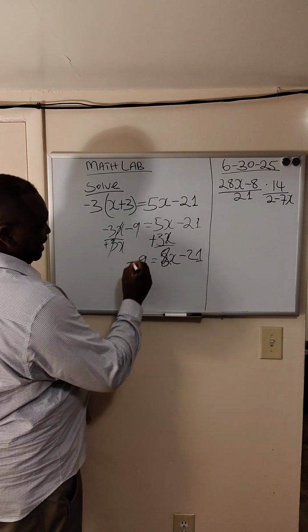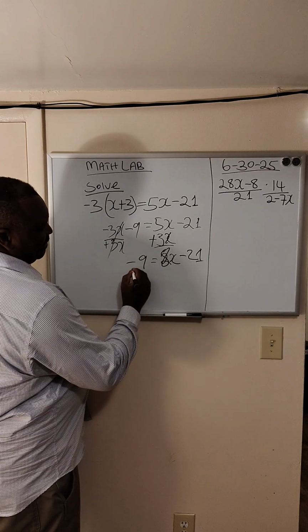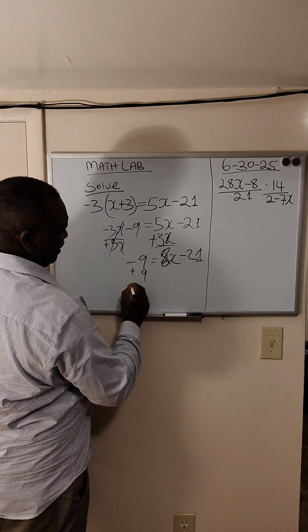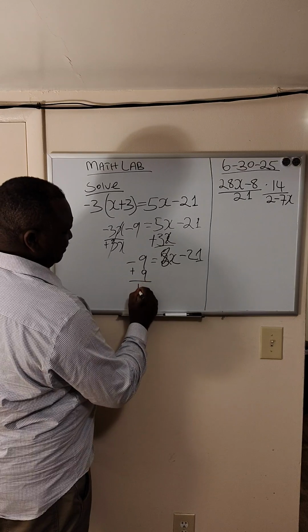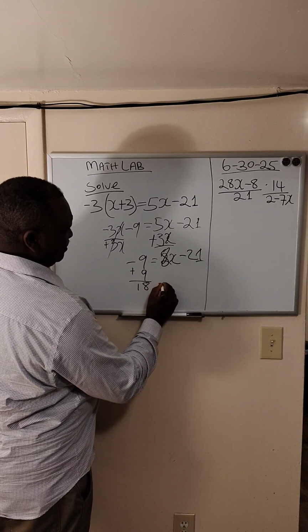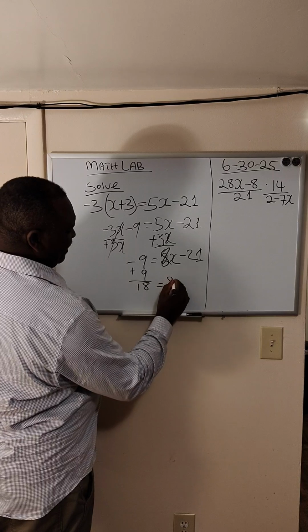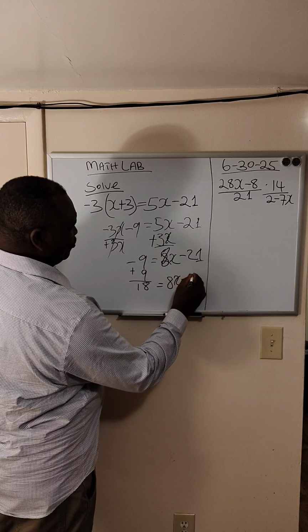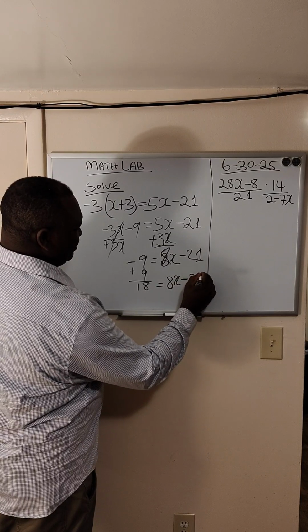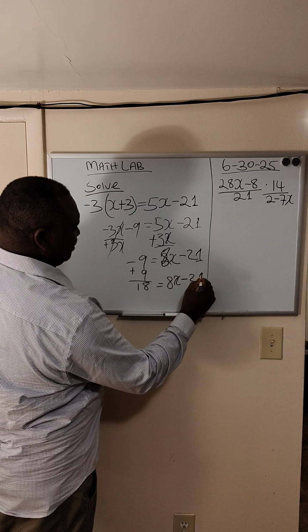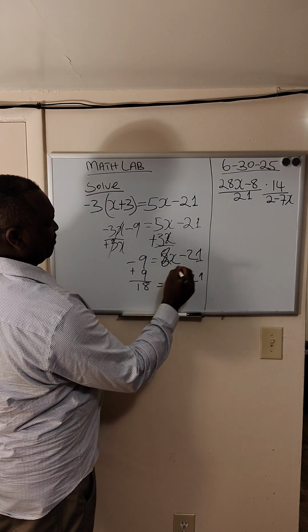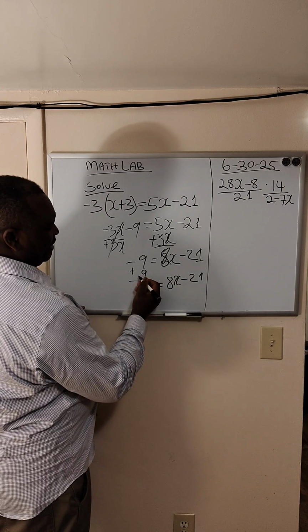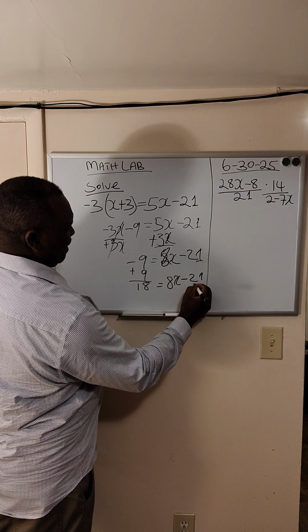That would mean we're going to add 9 here, so that we have 18 is equal to 8x minus 21. Remember, we are adding 9.